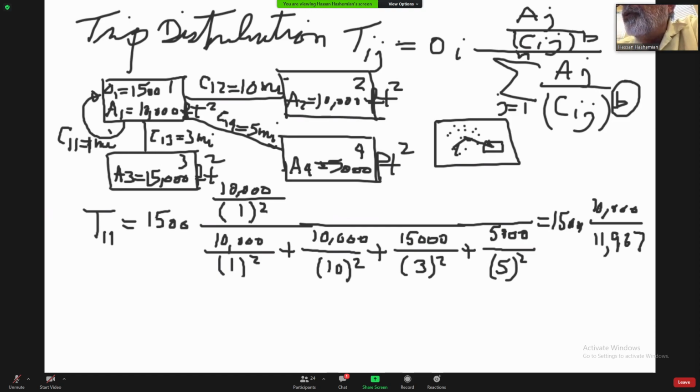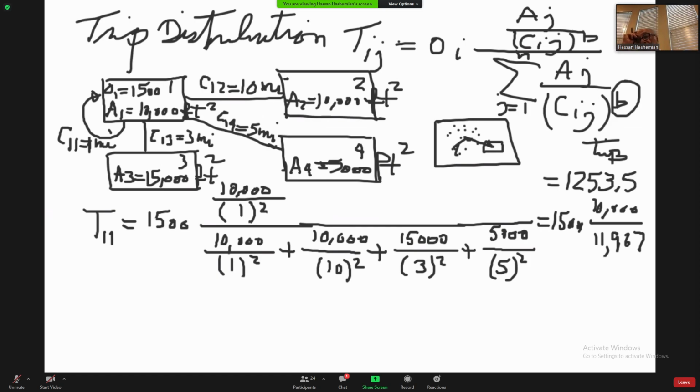And that will be equal to 1,253.5 trips. Since we don't have a partial trip, we can round it off to 1,254.